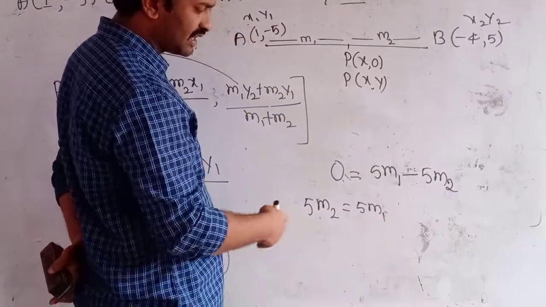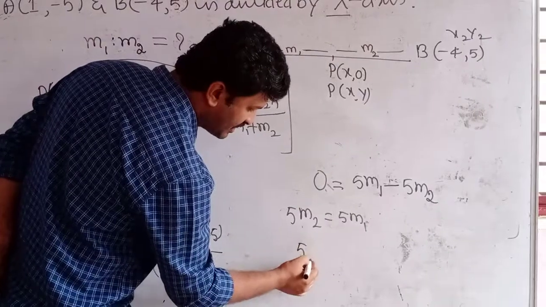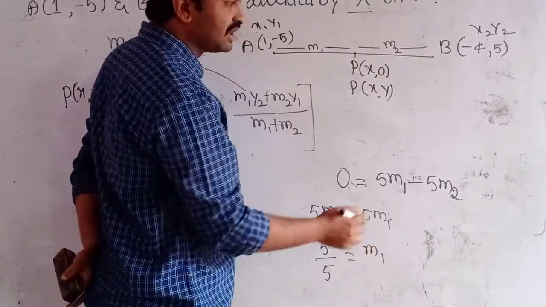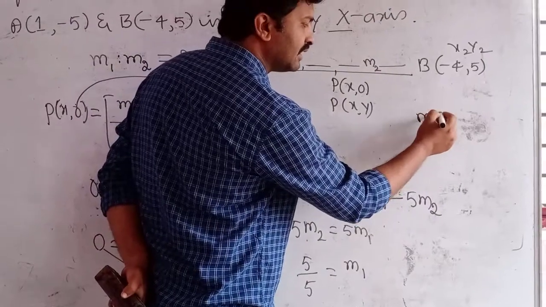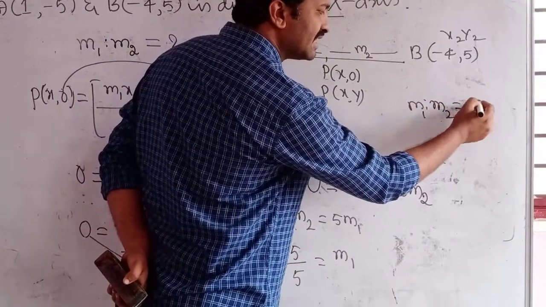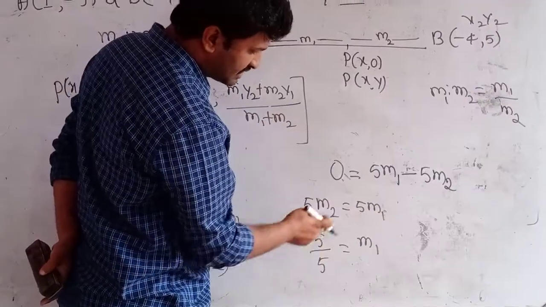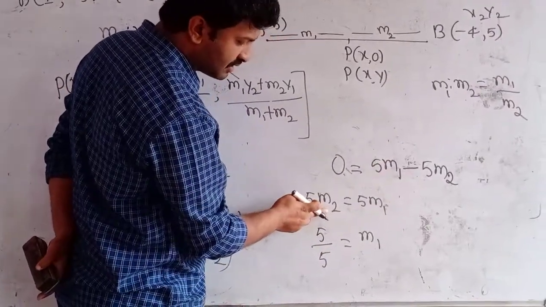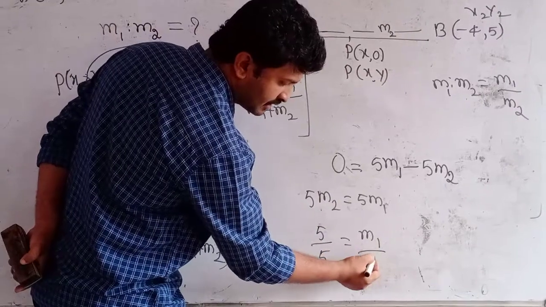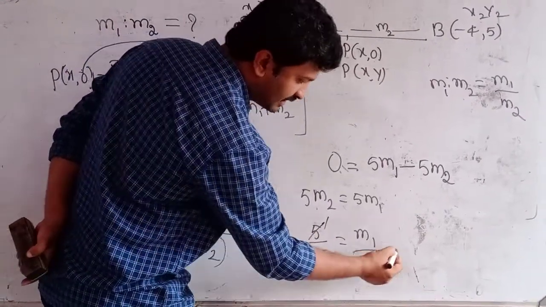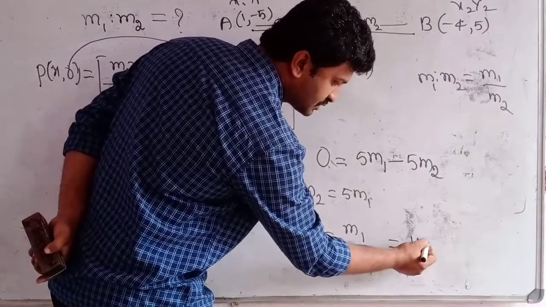Next, 5 divided by 5 equals, I want the ratio of m1 is to m2, which can be written as m1 divided by m2. The m2 goes to the denominator. Five ones are five ones. Then the ratio equals 1 is to 1.